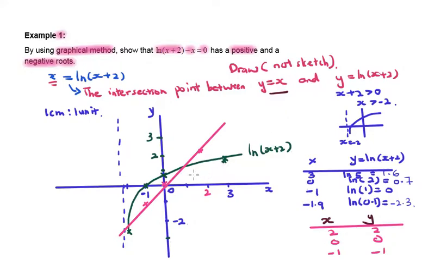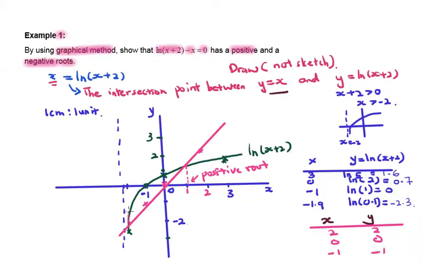Okay. So from what we have drawn, we obtain a positive root. This is the positive root. And another root, a negative root.